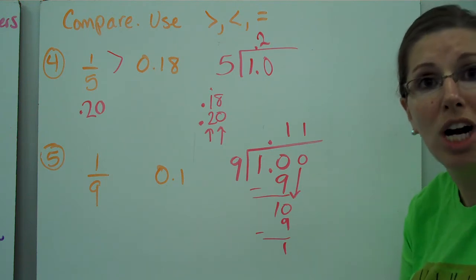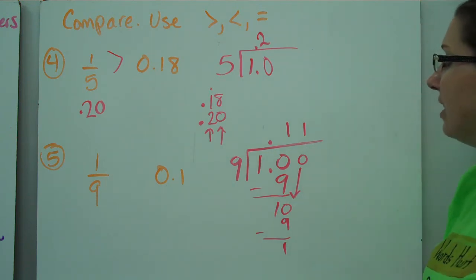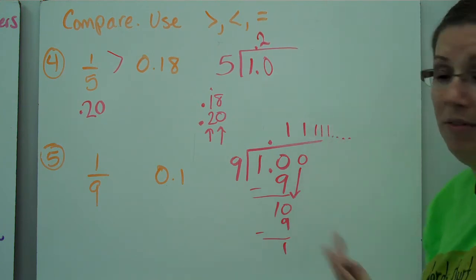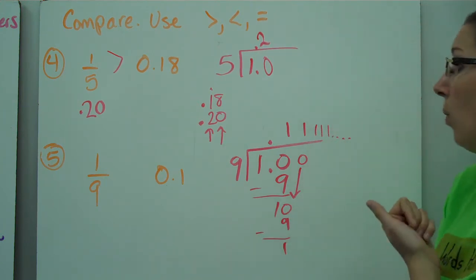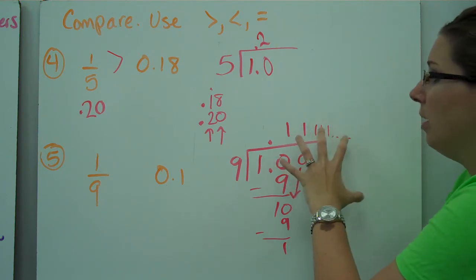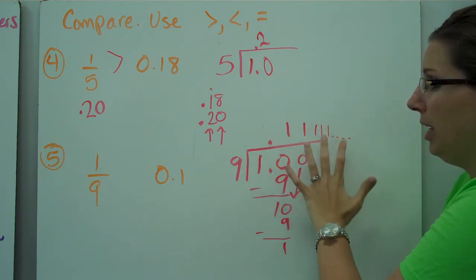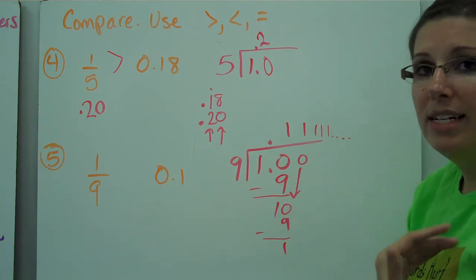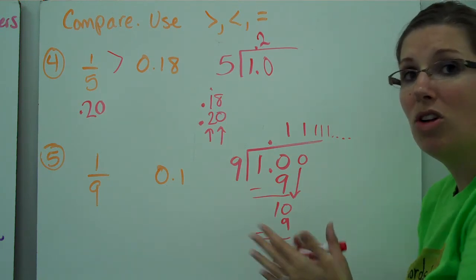It's a repetitive process. So this 1 will go on and on forever and ever. When I'm comparing this number, 0.1 repeating, to this number, 0.1, I've got to decide which number is larger.